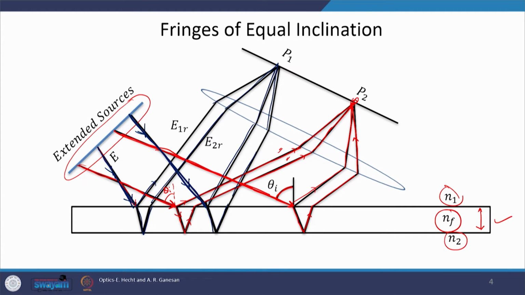In that particular case, this common point P1 and P2 will trace out a circle, and therefore, the fringe pattern which we will see in this particular case where the source is extended will be of the form of concentric circles. Yeah, the fringes would be in the form of concentric circles.